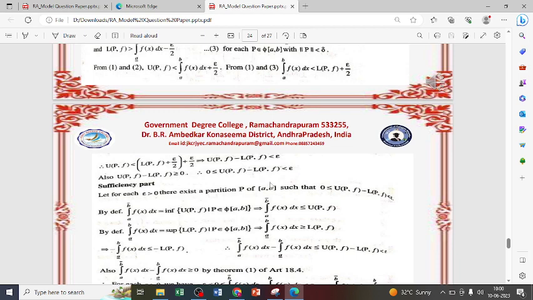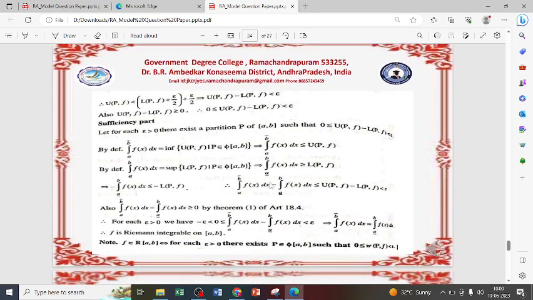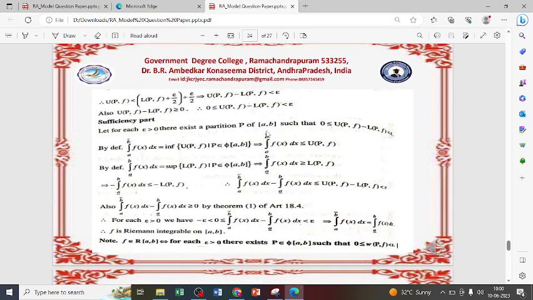Now sufficient part. For each epsilon greater than 0, there exists a partition P of closed interval [a, b] such that the oscillatory sum, that is U(P,f) minus L(P,f), will lie between 0 and epsilon. Now, by the upper integral definition, the upper integral from a to b of f(x) dx is equal to the infimum of U(P,f) such that P belongs to the family of partitions of [a, b], and the upper integral will automatically be less than or equal to U(P,f).